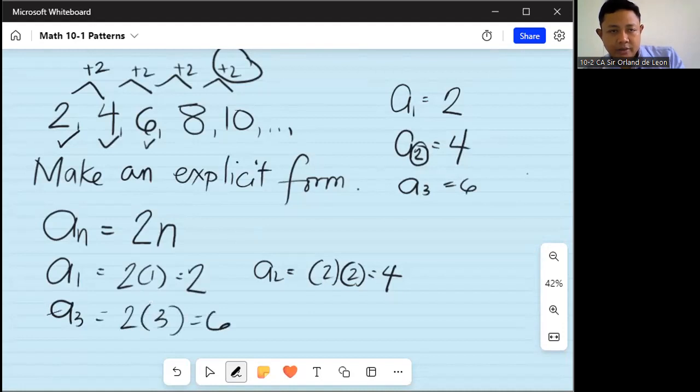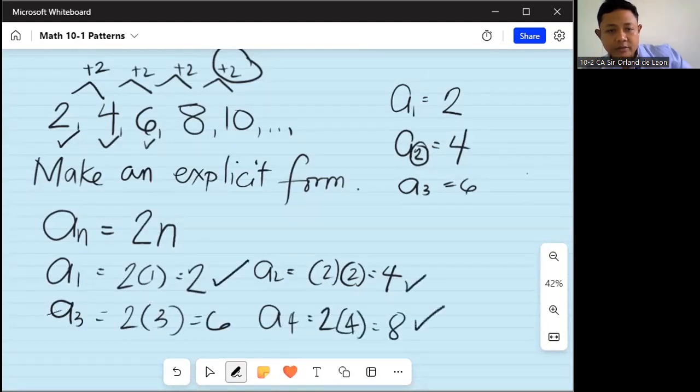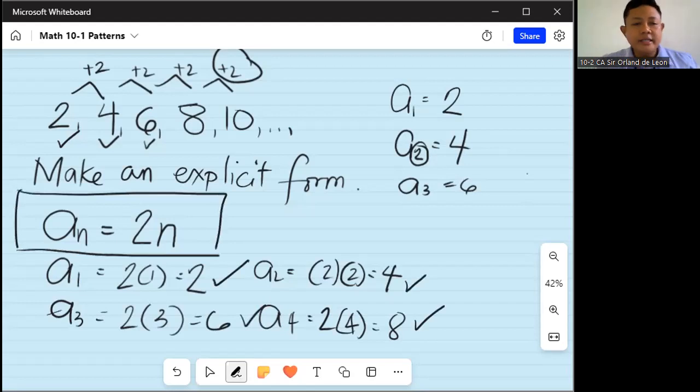Similarly, with the next term, which is 8, A sub 4, it should result to 8, correct? So, since we got all these terms correctly, therefore, the explicit form for this sequence is A sub n is equal to 2n.